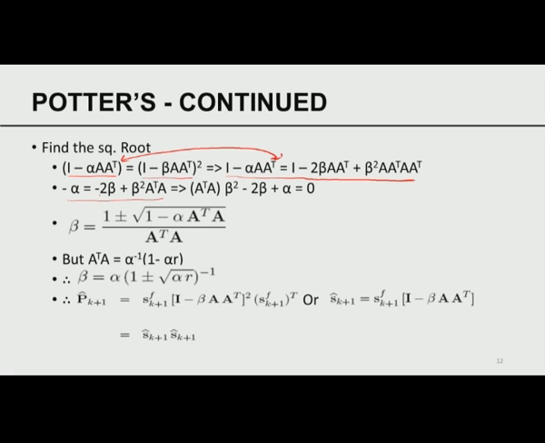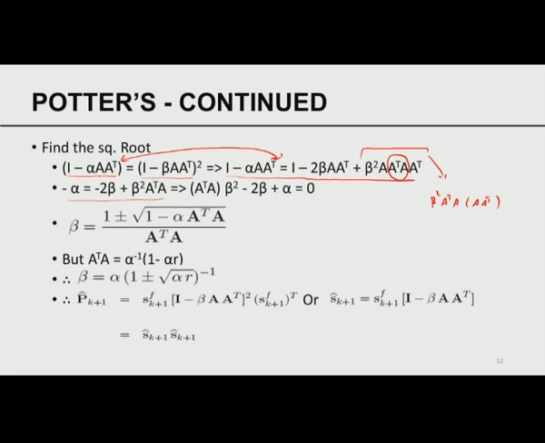So minus alpha must be equal to minus 2 beta plus beta square times A transpose A. A transpose A is a scalar, so this term can be written succinctly as beta square A transpose A times AA transpose.